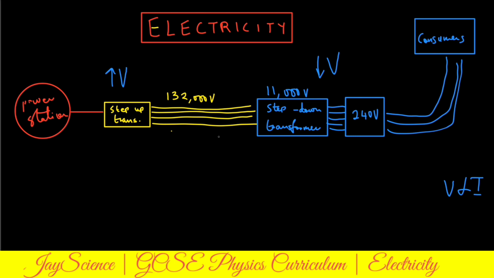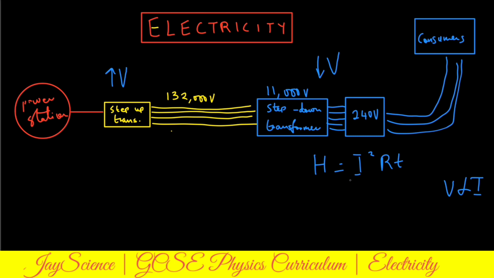Now, I'm sure you must have wondered, why do we need to jack up the potential difference? The reason is that sometimes you can have power generated in a different state or a different country and sent to miles and miles and miles away. Now, we have two options available. Either we transmit at high current. Now, when we transmit at high current, there's a tendency that the cables will burn. Heat equals current squared times resistance times time.